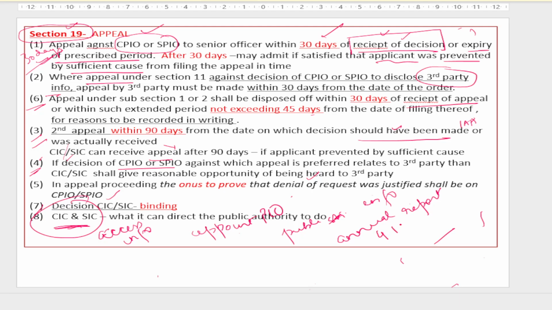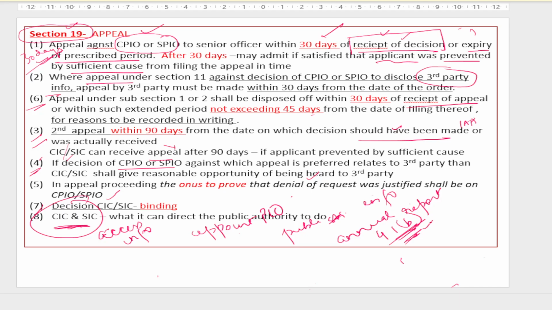Under section 4(1) subclause B. Now we have already studied section 4(1) subclause B. It says that within 120 days of the enactment of the RTI Act, every organization needs to publish the particulars of its functioning, the particulars of duties of various employees and officers, the remuneration and compensation received by employees, the beneficiaries of various schemes, the facts on the basis of which the policies of the organization are framed, the budget allocation, the disbursements, the expenditures made by the organization, and the procedure for getting information from that organization.